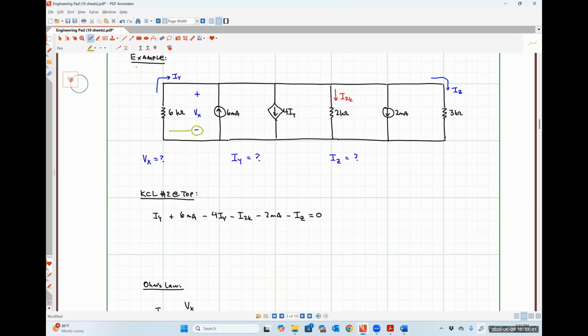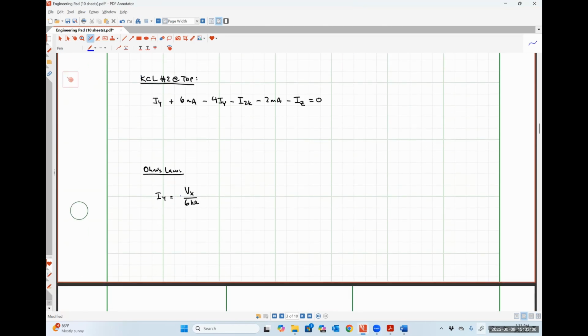So essentially, Iy starts down here, flows into the negative polarity terminal, and then flows out the positive polarity terminal. Whenever our current is flowing into the negative polarity terminal, Ohm's law needs a minus sign, so I'm just going to add the minus sign here. Does that make sense to you guys?